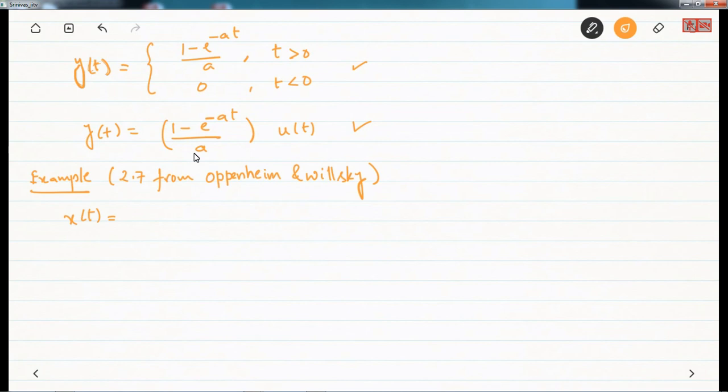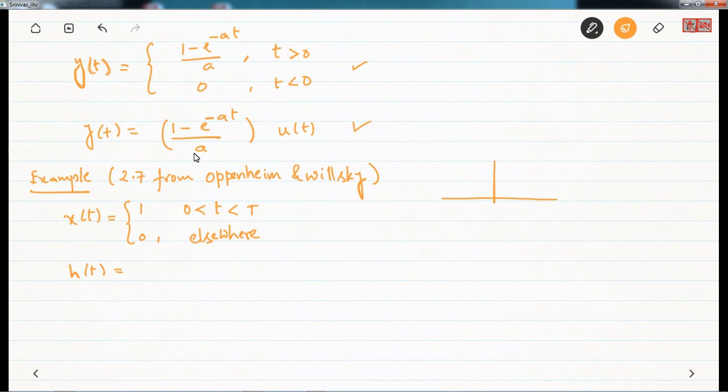X of t is a rectangular pulse, it is 1 for 0 less than t, sorry, so let's plot this. Okay, we'll plot it later.